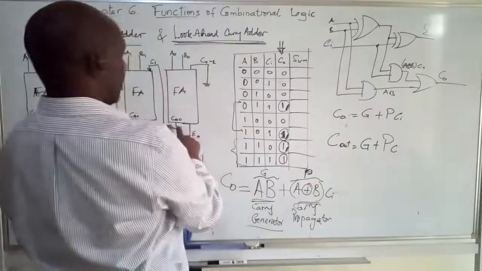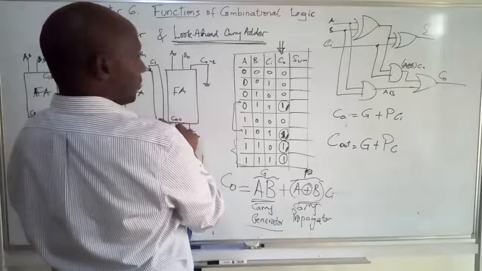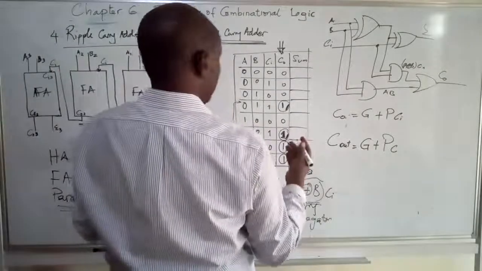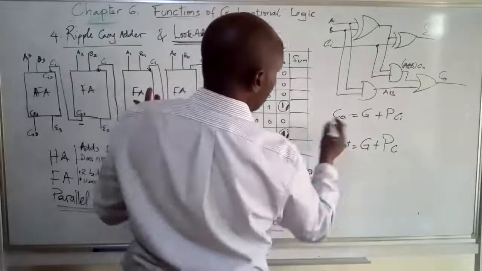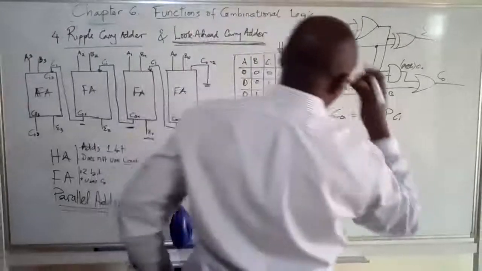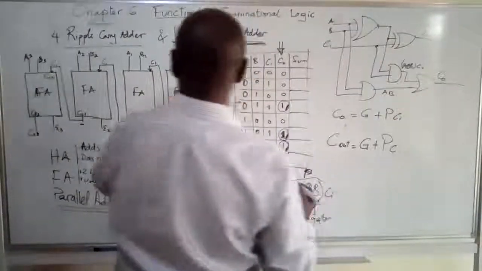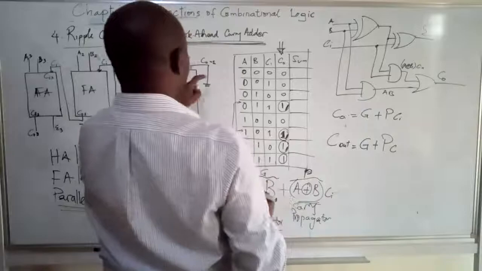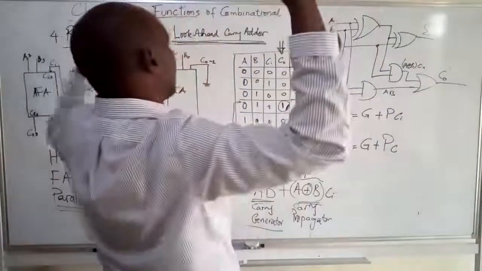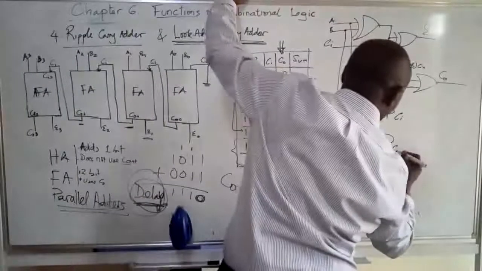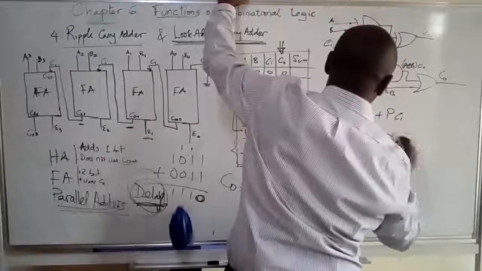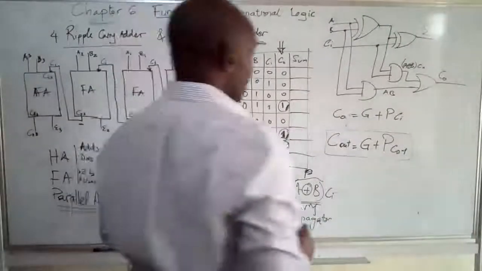What is the carry in for the first C out? If you call it C0, it will be the carry in, which is the carry out from another, a previous carry, minus 1. It means carry out minus 1. So this is the generalized equation.